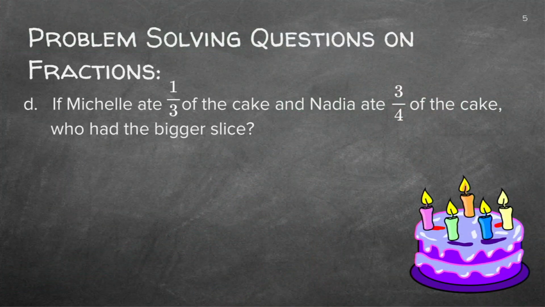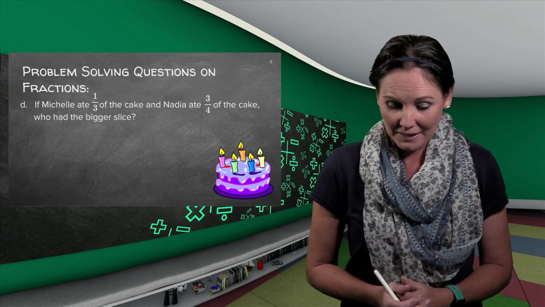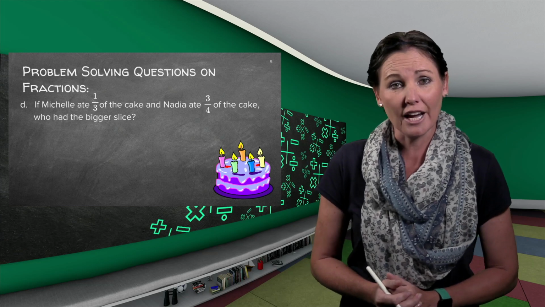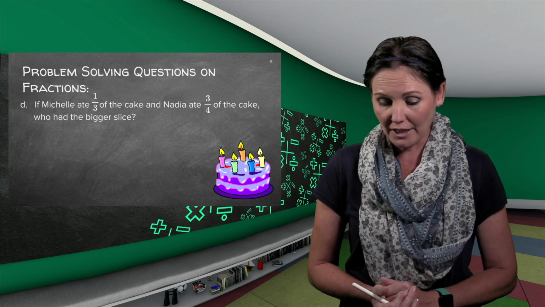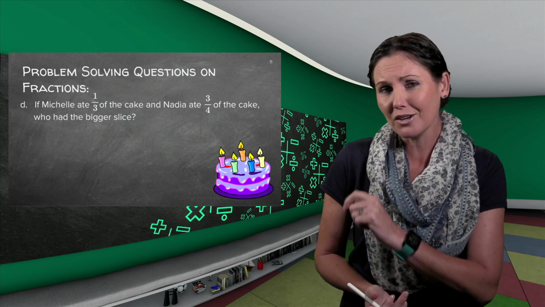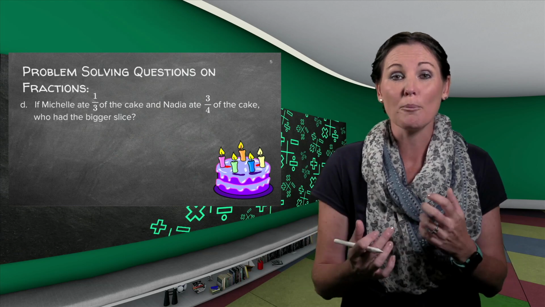The next one. If Michelle ate 1/3, this is my favorite. Now I'm testing you if you can do common fractions in all the ways. If Michelle ate 1/3 of the cake and Nadia ate 3/4 of the cake, who had the bigger slice? What are they asking you now? They're asking you to compare.